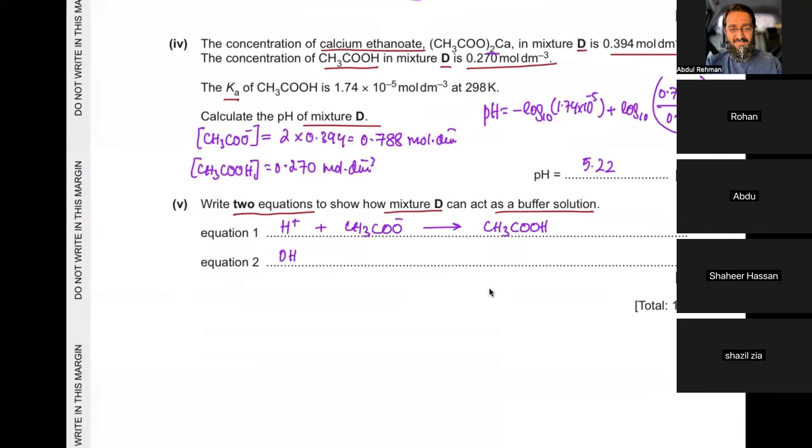And when we add alkali, there are lots of hydroxide ions. With the hydroxide ion, the weak acid undergoes reaction losing its hydrogen, turning into the conjugate base, and the hydrogen neutralizes the hydroxide from the alkali, giving you water. I hope it's clear to all of you.